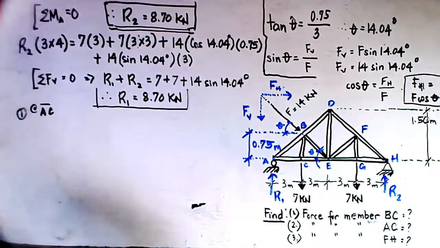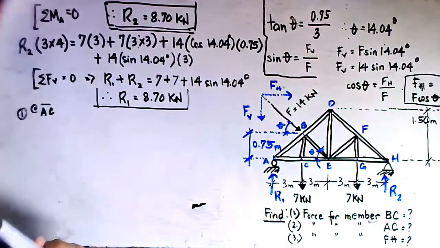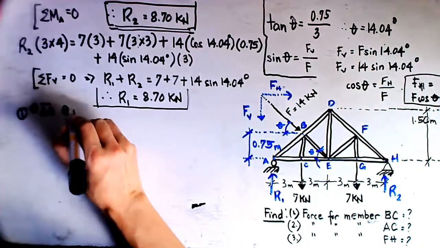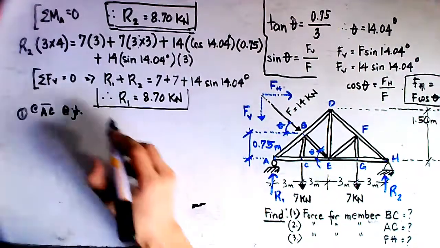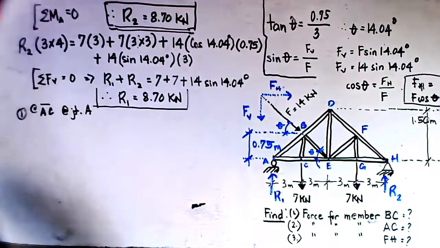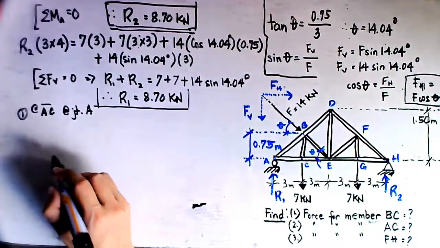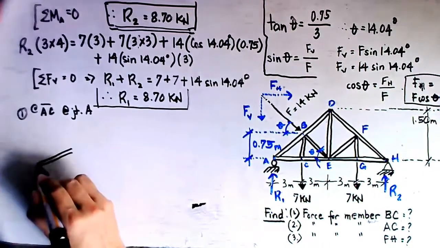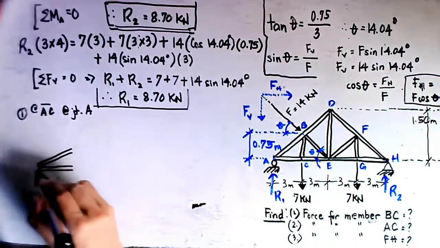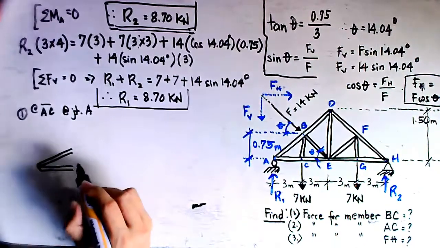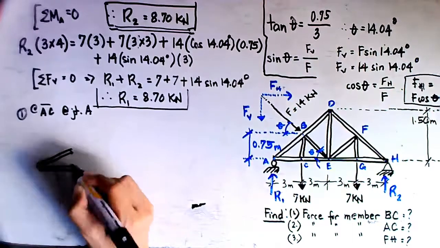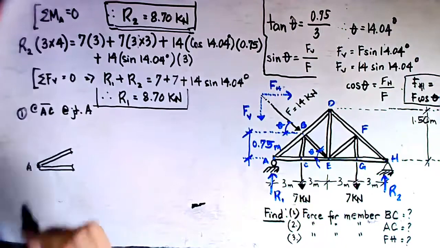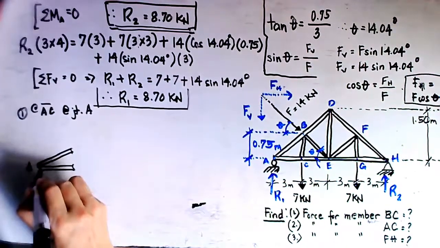we will have this equation. So we are going to use joint A. In joint A, if we draw the figure here, we will have joint A. And at joint A, remember you have the reactions.